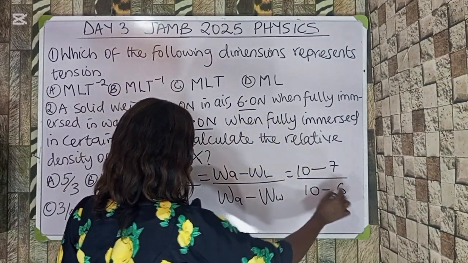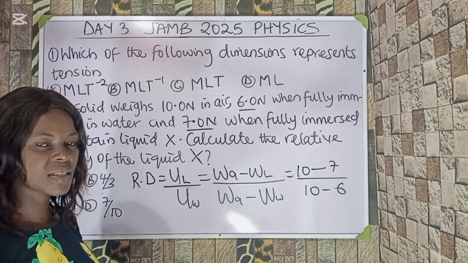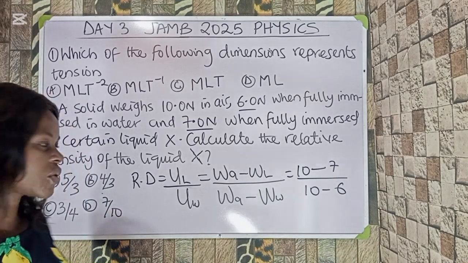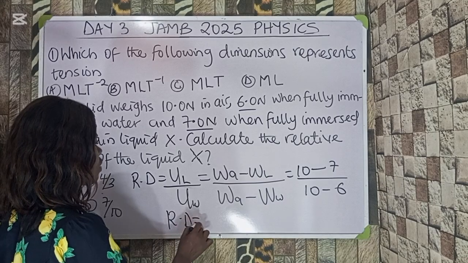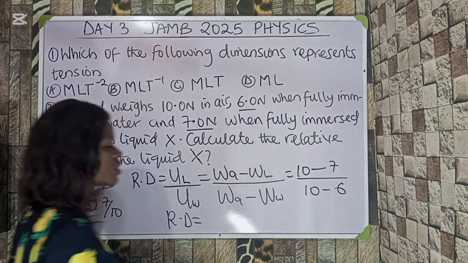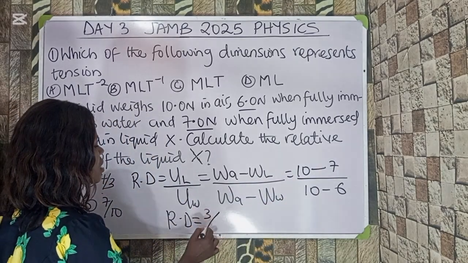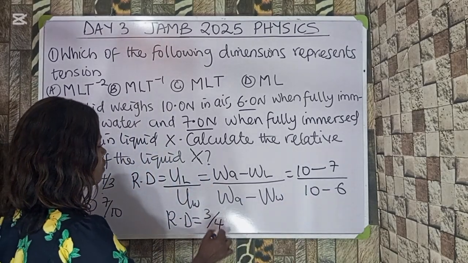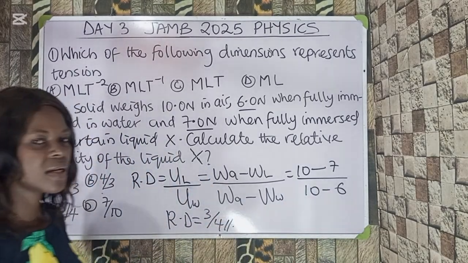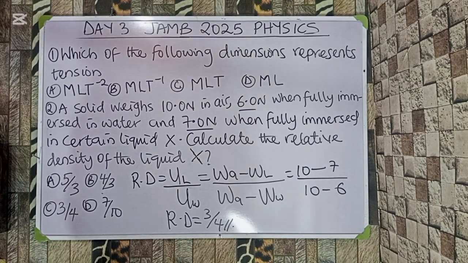So this is 6. For us to get the relative density, we are simply going to subtract. So my relative density, RD, is equal to 10 minus 7, which gives me 3, divided by 10 minus 6, which gives me 4. Is that clear? Now, this is the relative density from this particular question.